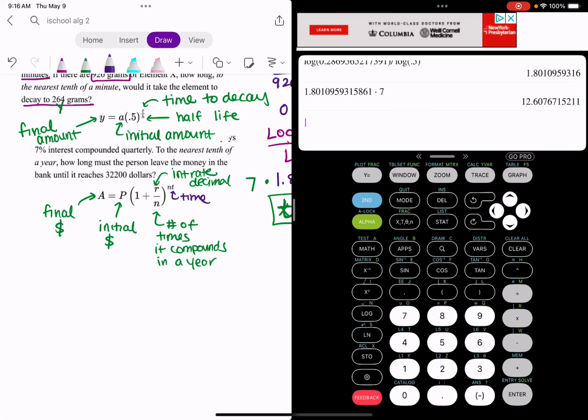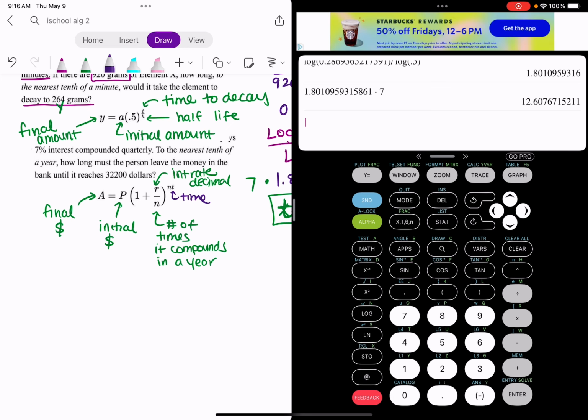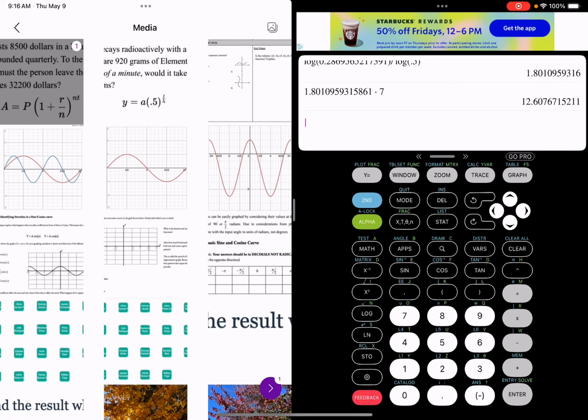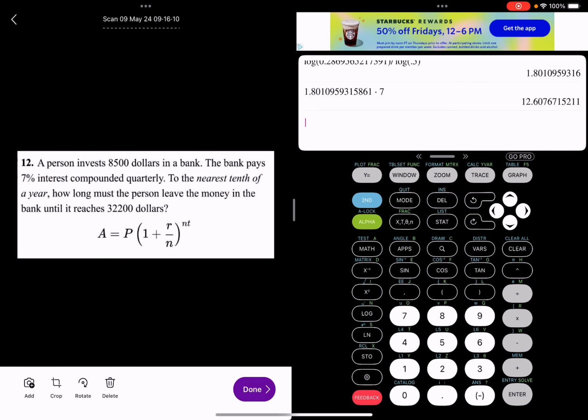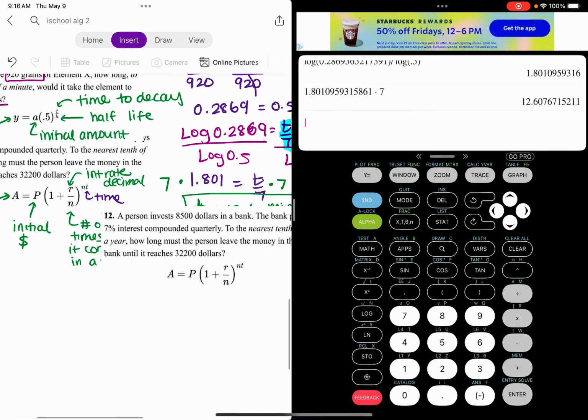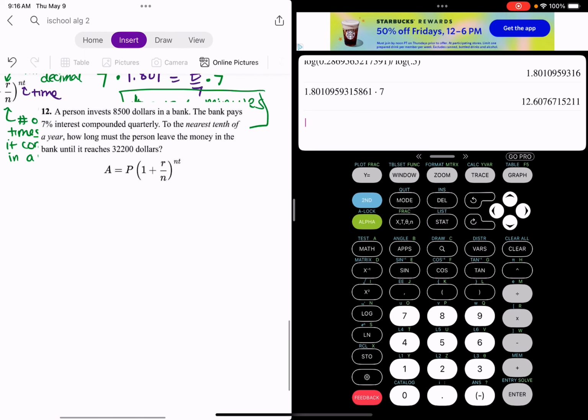So in this question, it says, oh no, it's been cut off. Okay, let me insert it again real quick. Okay. This is getting messy, but a person invests $8,500, so that's your P, in a bank.